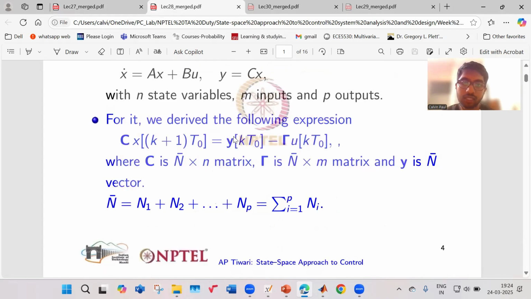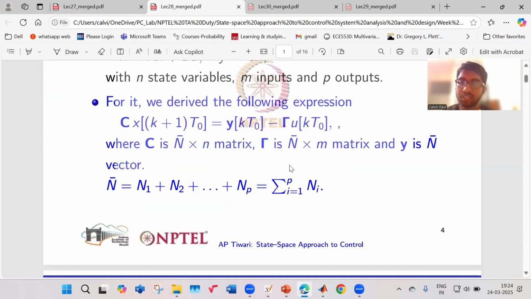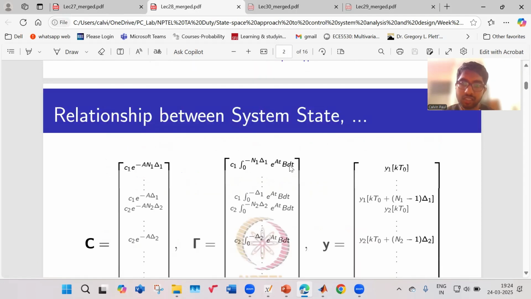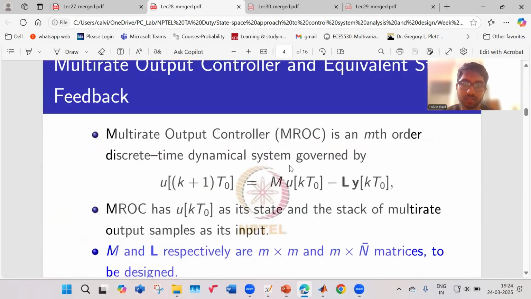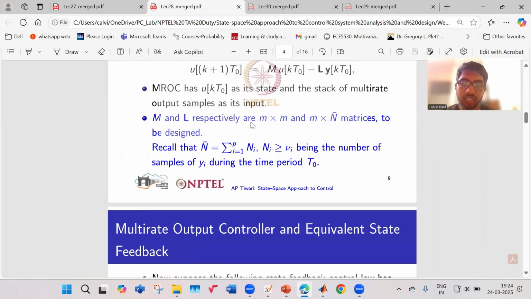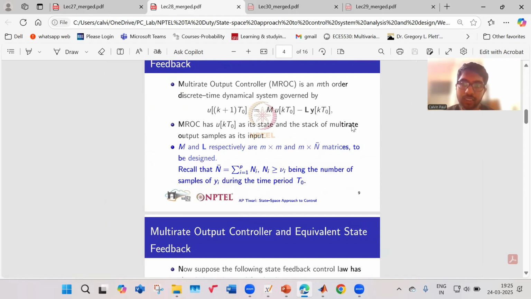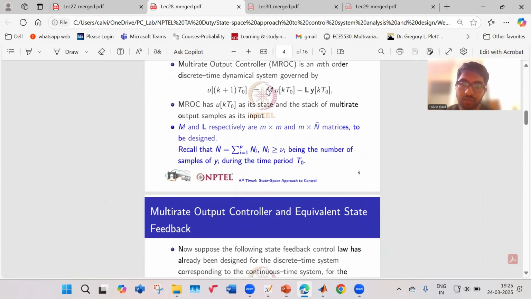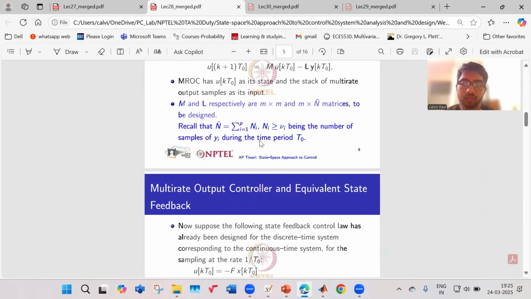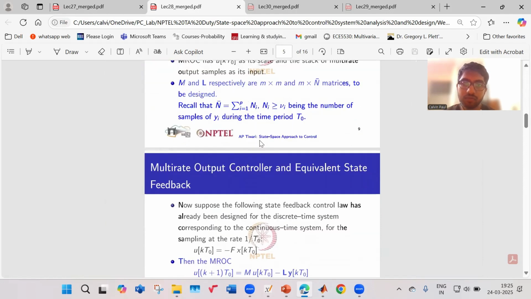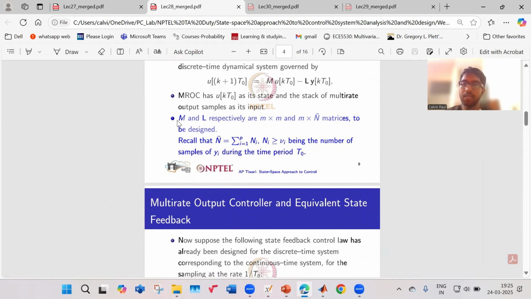So now let us go to the next lecture. We have found the C matrix, gamma matrix. These are the expressions for them, and this is what we found. Now what they're saying is we want some output controller, and this controller is dependent on the samples of the output which I have. We have to design some M and L respectively. So first, M should be stable.